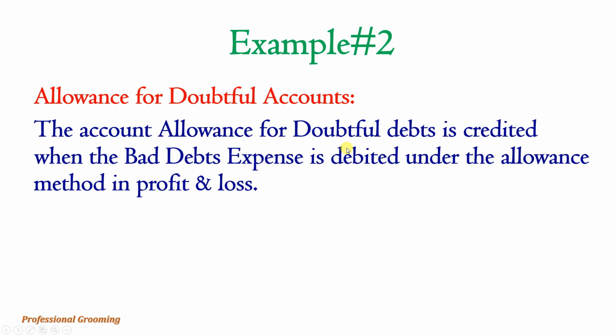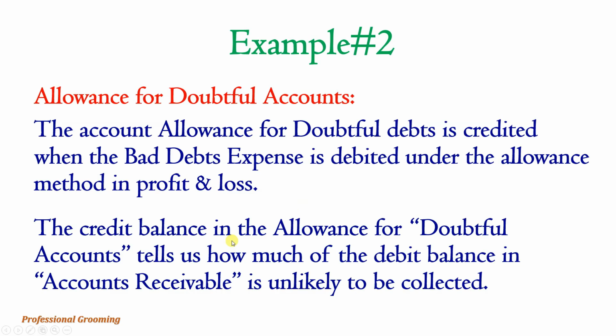Accounts receivable is an asset account, and you create a contra account, which is the allowance for doubtful debts account. You are keeping that money in that account for making the bad debt expense. So the credit balance in the allowance for doubtful accounts tells how much of the debit balance in accounts receivable is unlikely to be collected.